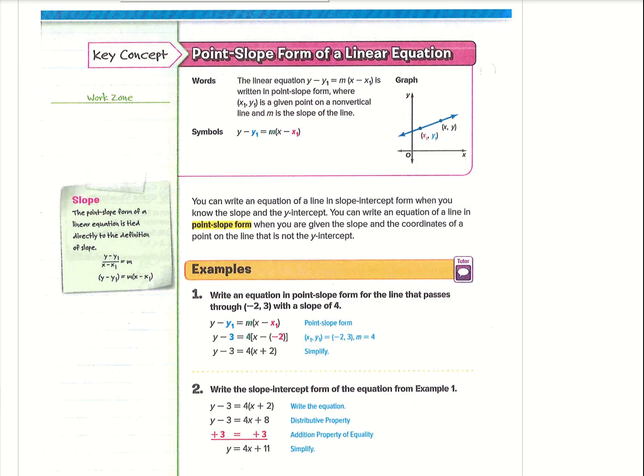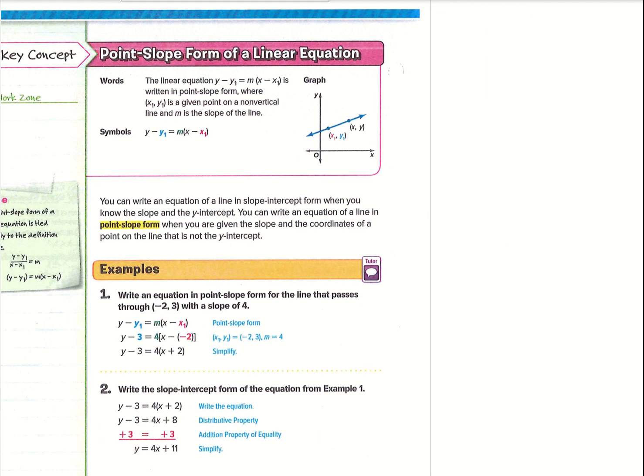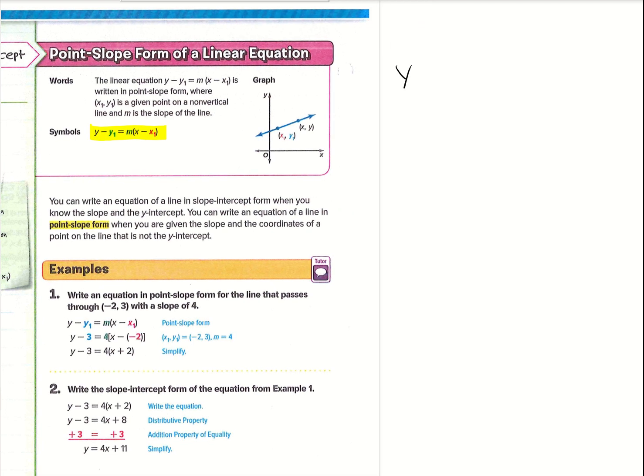One thing that you will see in this section is equations written in point-slope form. Just so you are aware of it, point-slope form looks like this. We're not going to focus too much on point-slope form, but we are going to make sure we know what it looks like: y minus y1 equals m times x minus x1.